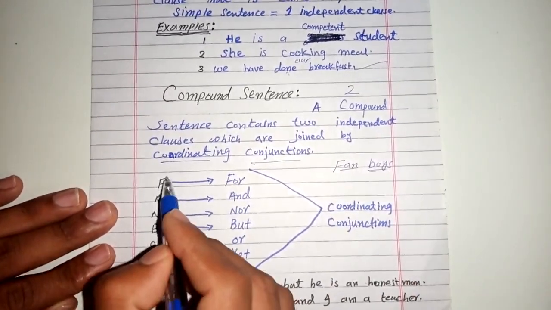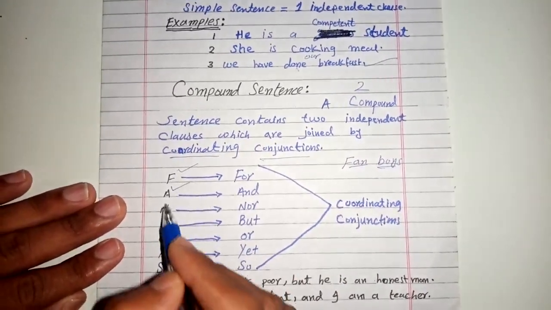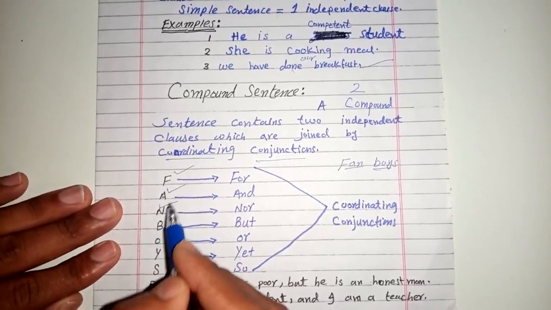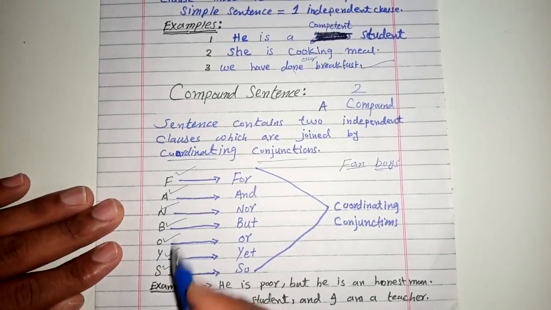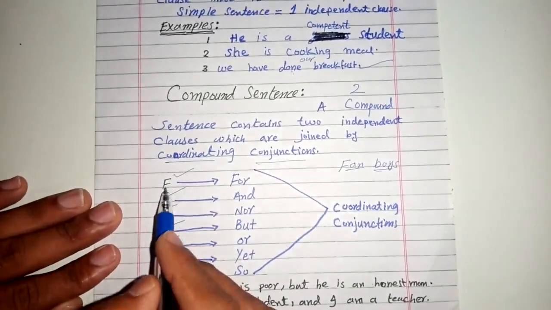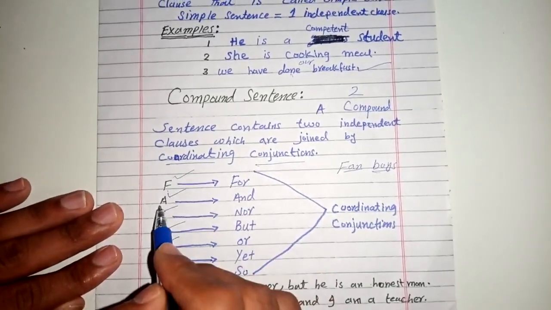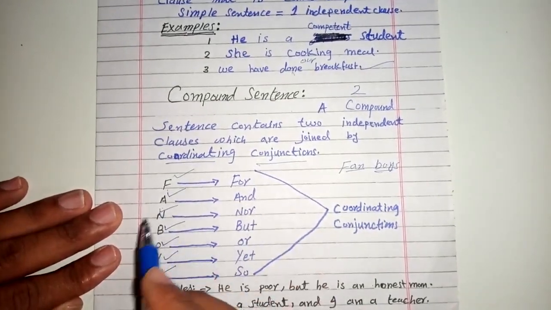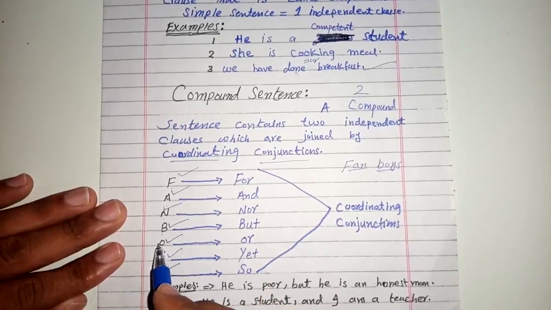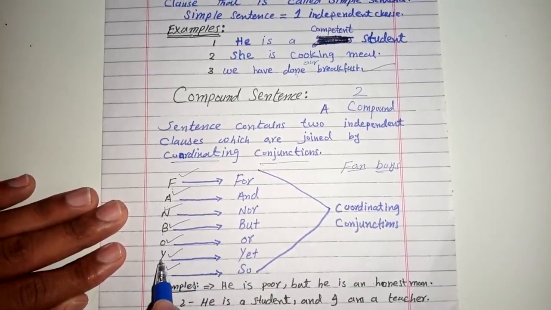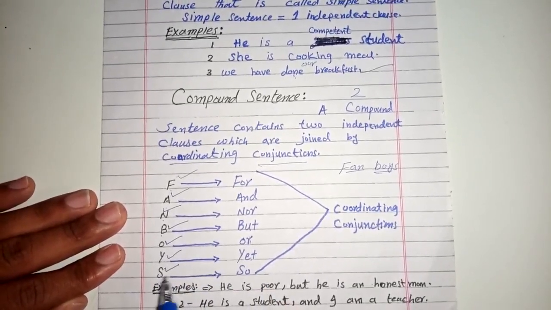Okay, now I have written FANBOYS here. F means for, A means and, N means nor, B but, O or, Y yet, S so.